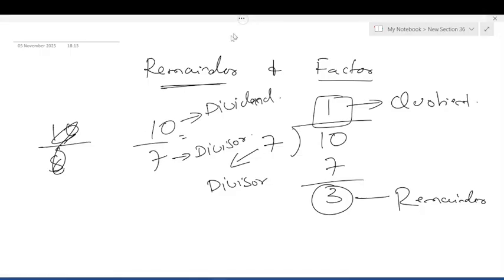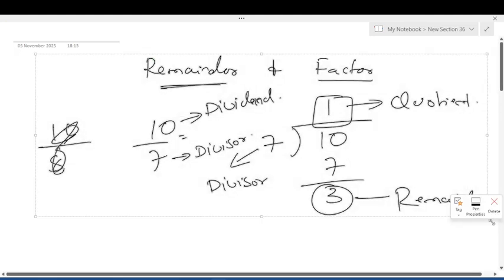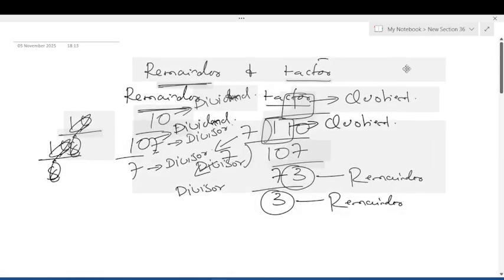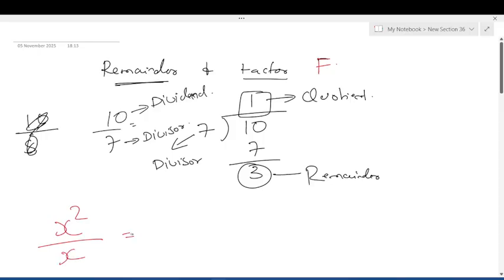Now, the same concept we are going to use within algebra. Algebra is nothing but a combination of constants and variables. Now, if I take x square and divide by x, as we had last year, what's the answer? x. 1x and 1x will get cancelled, right?